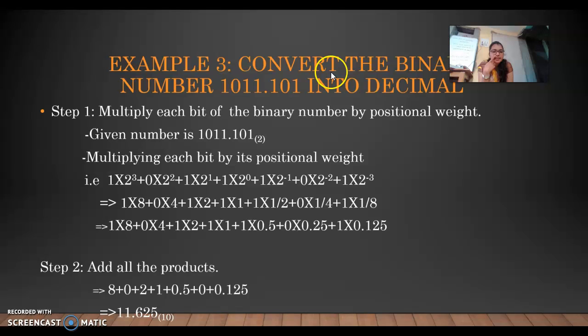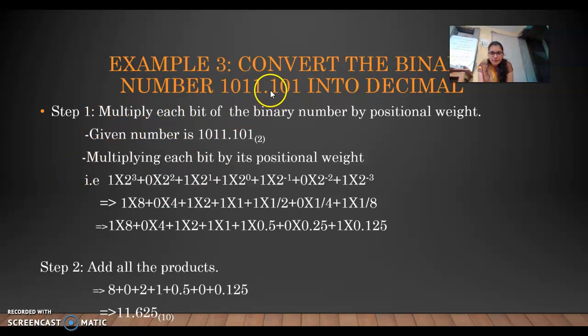Taking another example here. In this example, we have two parts. One is the integral part, another one is the fractional part. Here, while converting, the fractional part should have negative weightage. You should use negative powers here.